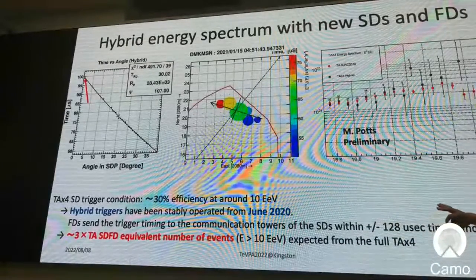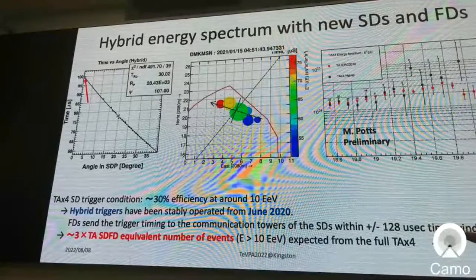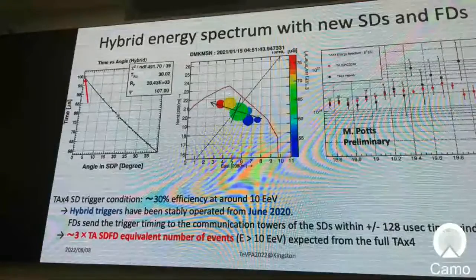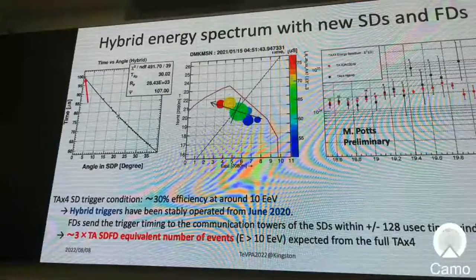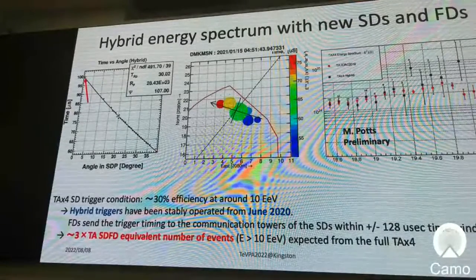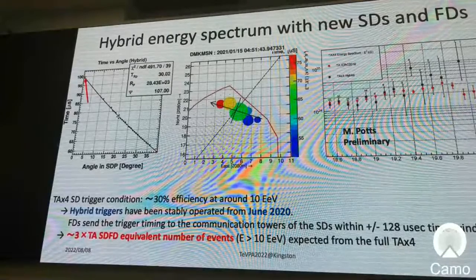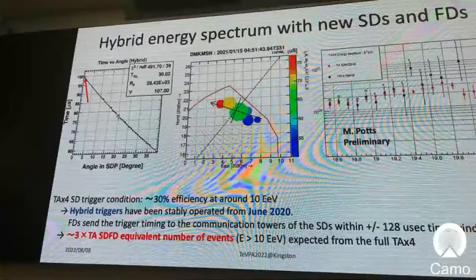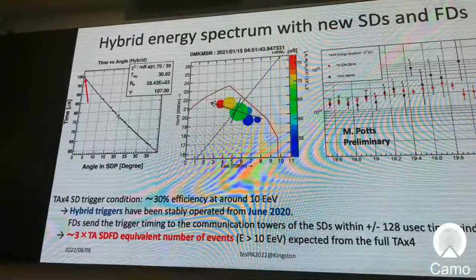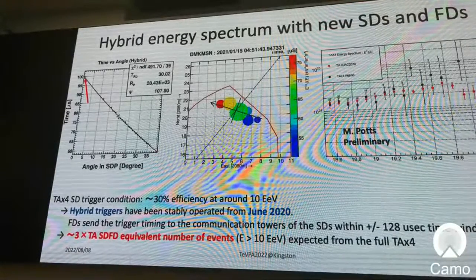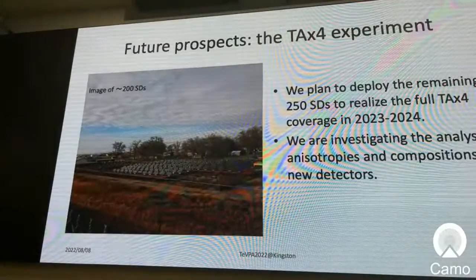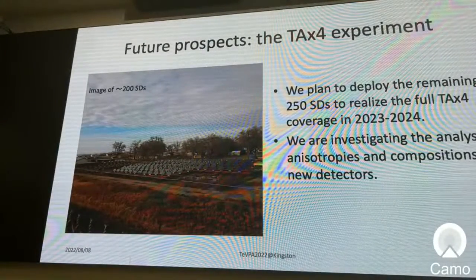But we implemented the hybrid trigger, and we improved efficiency. And this is the energy spectrum actually obtained with the hybrid events. And finally, we expect 3 times larger SD-equivalent number of events if we complete the full TAx4 SD.